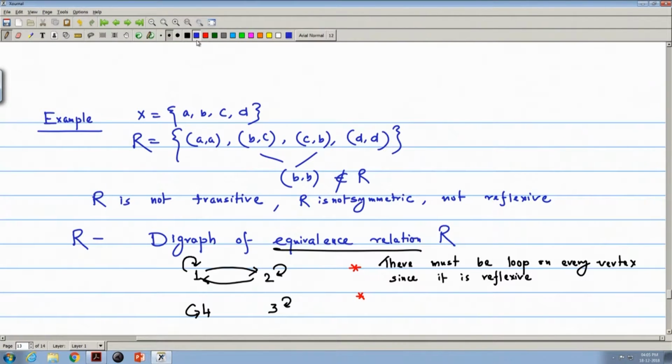So there will be a directed edge between x to y as well as y to x. Always, this will be the thing.